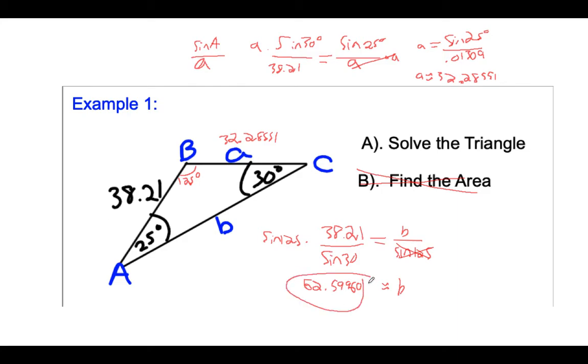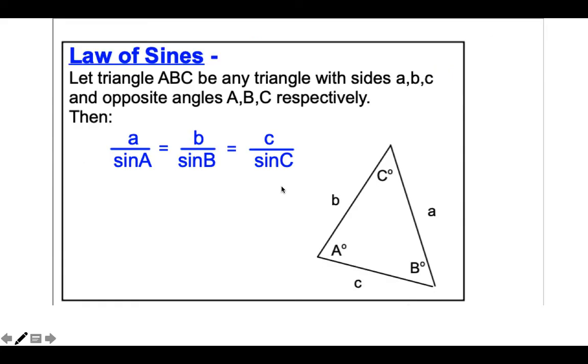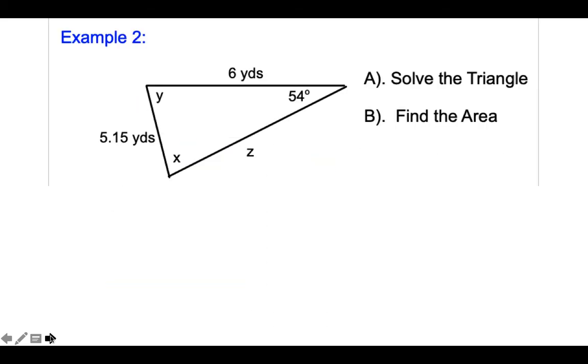So about 62. And so that's how you do it. You solve using the law of sines. Now again, up here it is a little messier. It depends on how you set it up. If you recall, you could either do it with the side lengths on top or the angle measure on top, as long as you're consistent. Okay. So let's do another one.